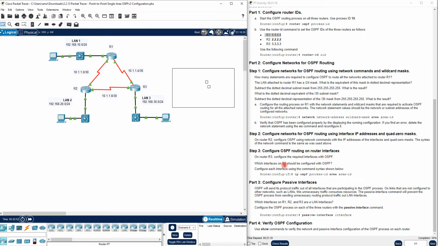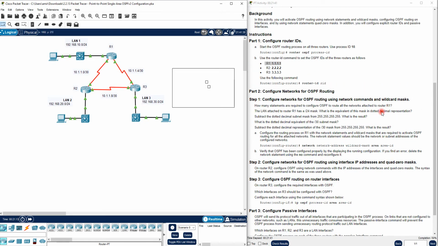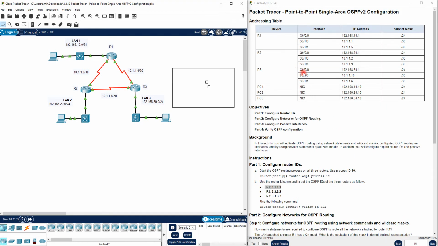Which interfaces on router 3 should be configured with OSPF? It should be this interface, S0/1/1, and this interface, G0/0/0. And also you can see here G0/0/0 and S0/1/1.